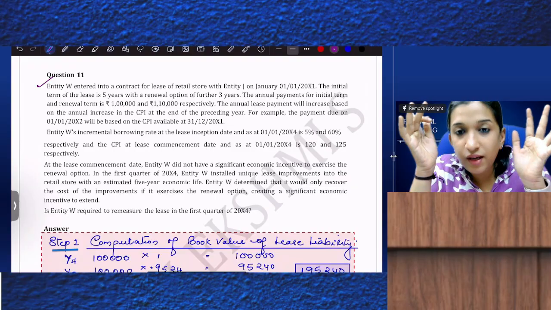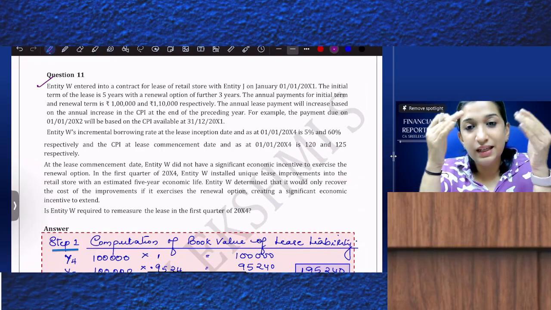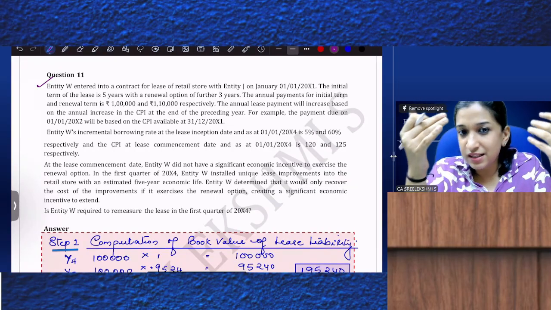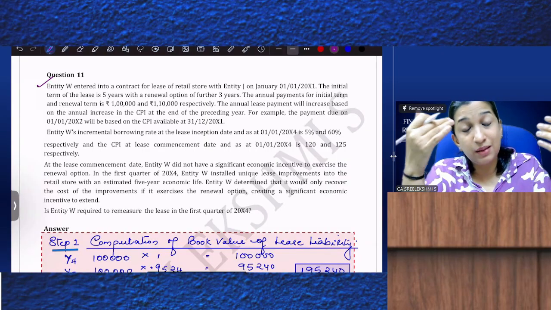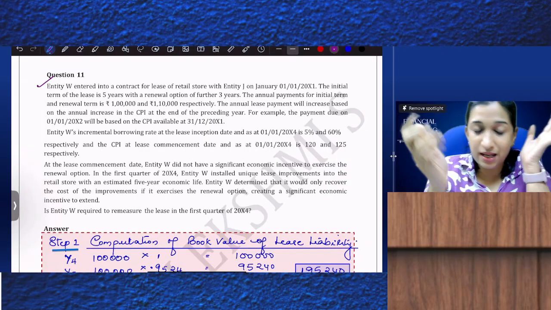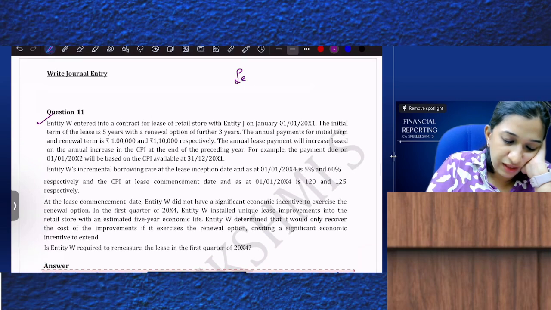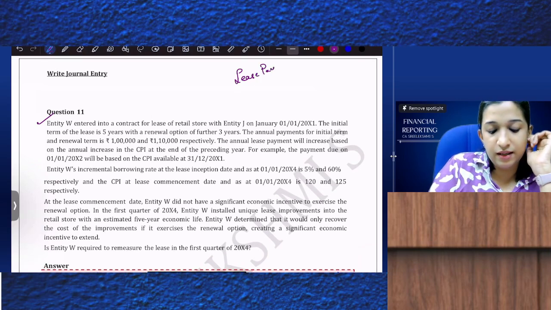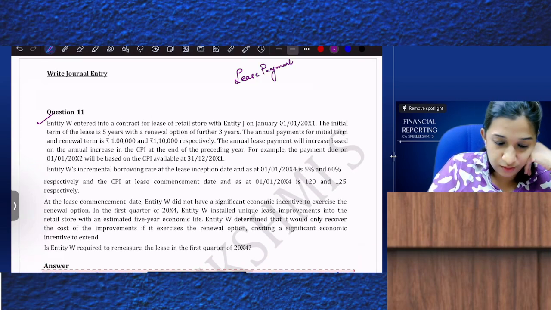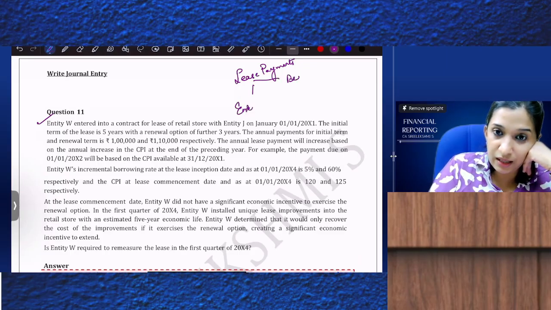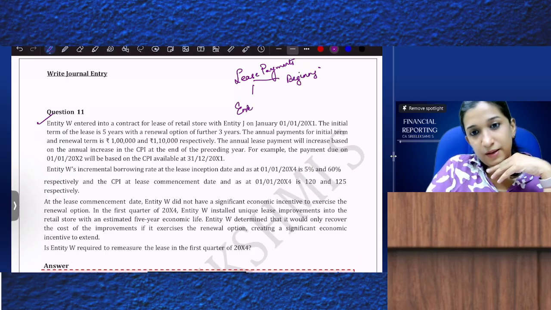So whenever we do lease calculations in the books of the lessee, when we calculate lease liability, always be clear whether lease payments are at the end of the year or at the beginning of the year.